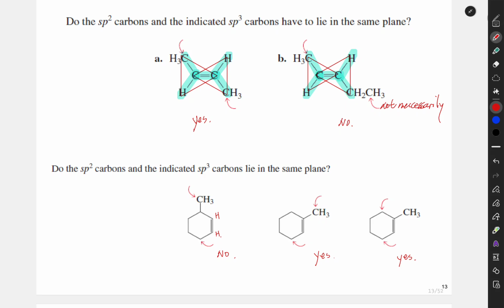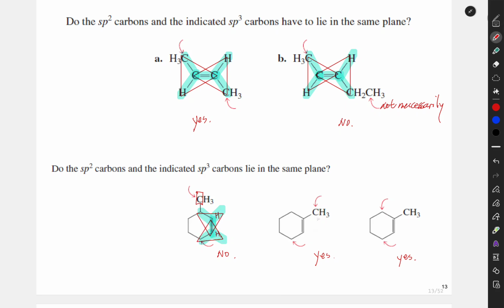So from this carbon, you know that these are all on the same plane, and these are also all in the same plane, not necessarily this carbon. What about this one? You can do the same thing. Triangle, triangle. So you know the answer then.